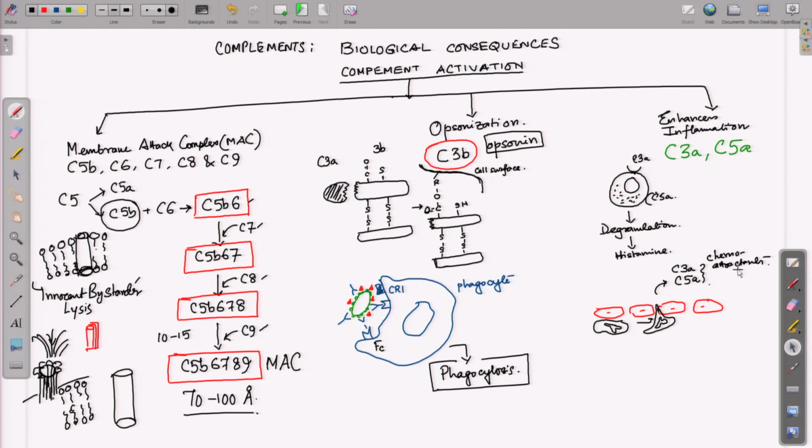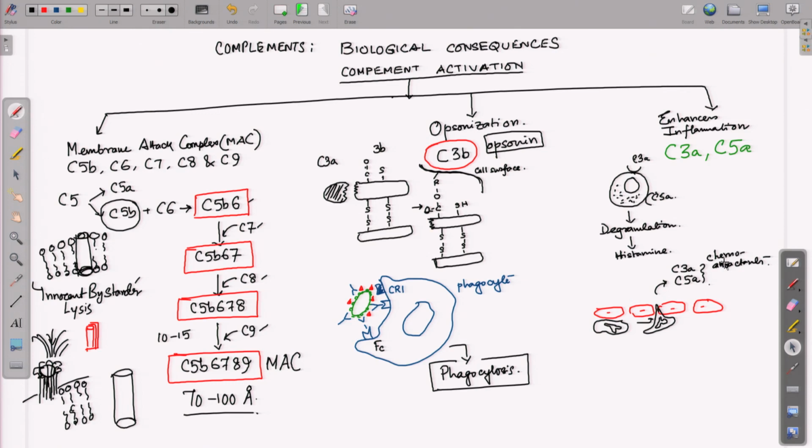So, that leads to enhanced inflammation. They can either lead to degranulation and release of histamine and other mediators of inflammation like prostaglandins, or they can also assist in migration of the leukocytes, primarily the neutrophils, to the site of action, and by that they can lead to enhancement of inflammation.